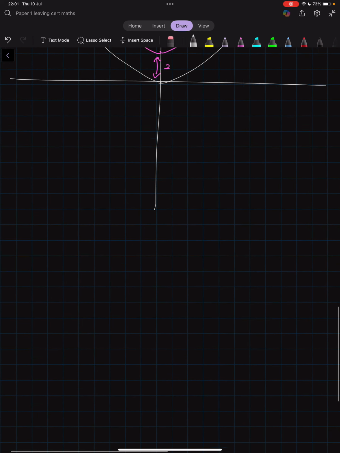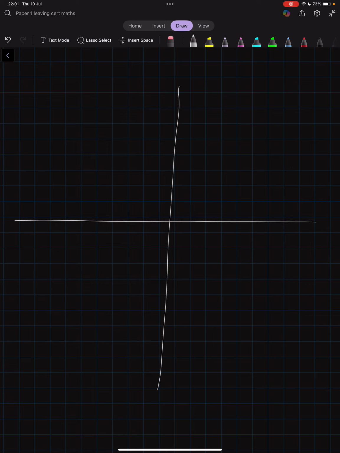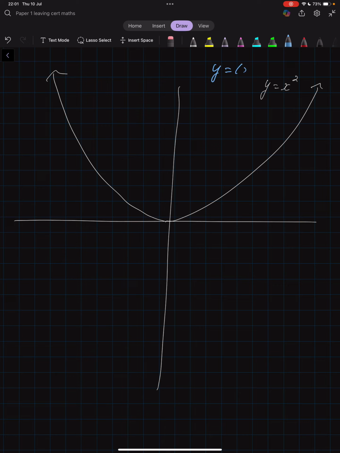Now, the hardest one is when it starts moving to the left and to the right. So if I do y equals x squared, like this, now, if I wanted to draw y equals (x minus 3) squared, you can pause the video and think, where does that go?